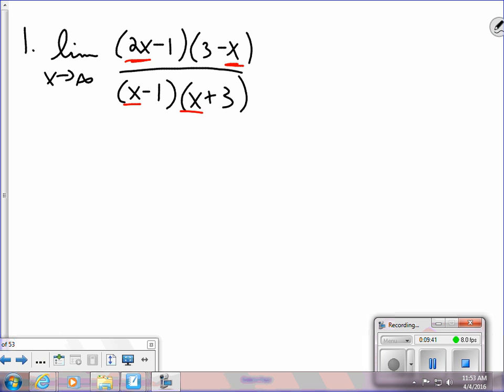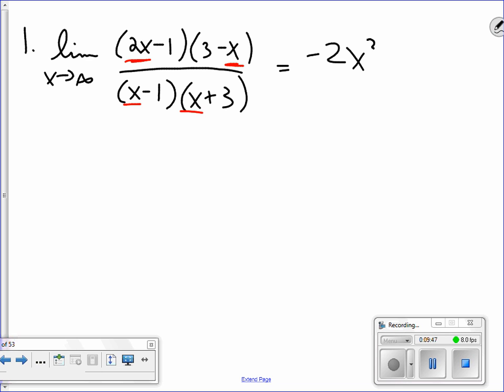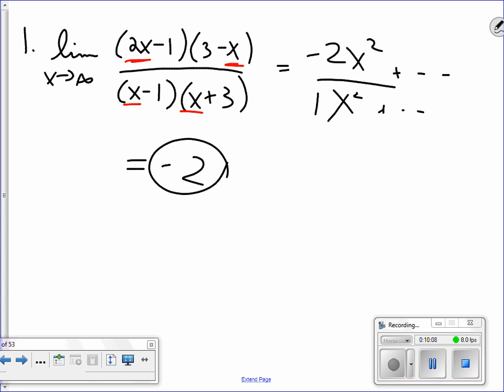When x is approaching infinity, you really only have to multiply the highest power terms. Oh wait, did you say negative 2? Yeah, it's going to be negative 2, because if you were to multiply this out, all you care about is the leading term. The degree is the same, so you take the ratio of the leading coefficients to get the limit, and it is negative 2 over 1. Your first question done.